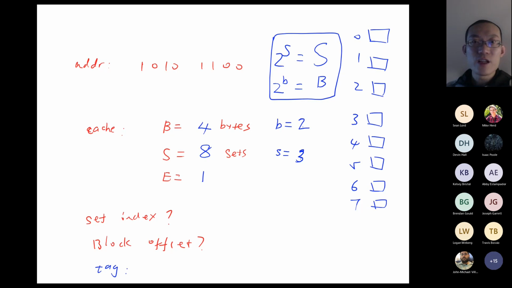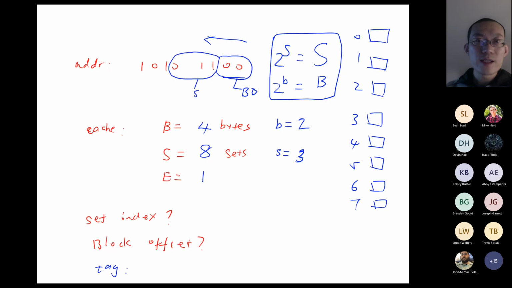After you decide it, from the right to the left, you find the first 2 bits to be the block offset. And then the next 3 bits denote the set index. The remaining 3 bits are the tag. So after this, we know the set index we're going to look at is 0, 1, 1, which is 3.